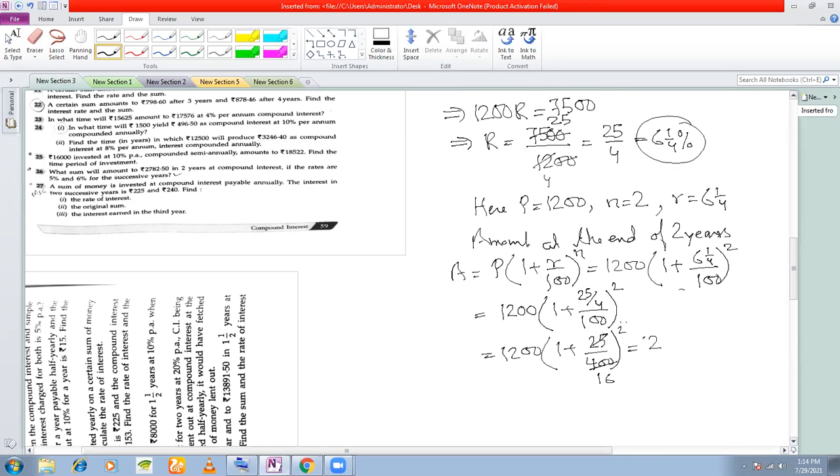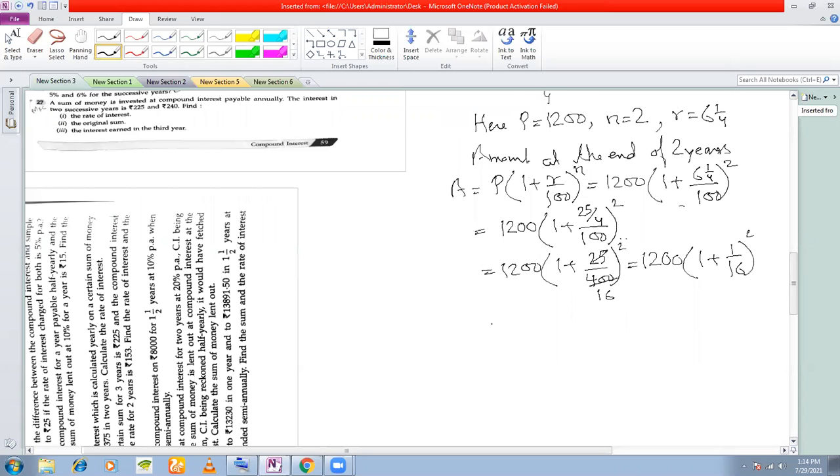So this is 1200 into 1 plus 1 by 16 square. Take the LCM, you get 1200 into 17 by 16 square, which is 1200 into 17 by 16 into 17 by 16. Okay.